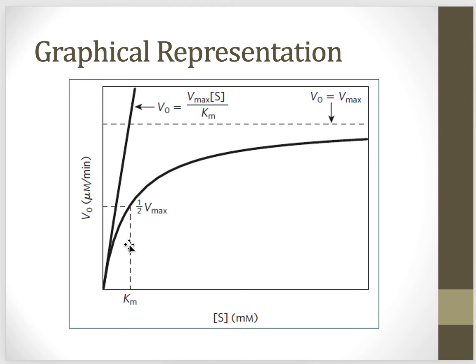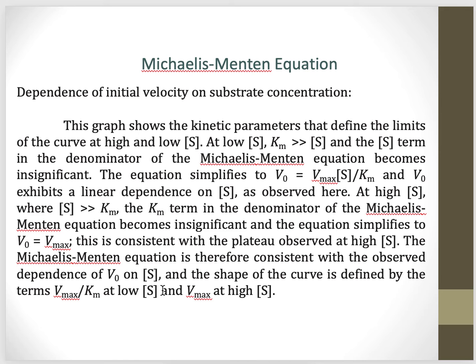So the equation becomes like this. What we understand from this graph is the Michaelis-Menten equation dependence, that means the dependence of initial velocity on substrate concentration.